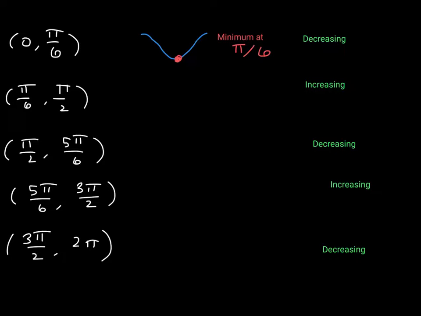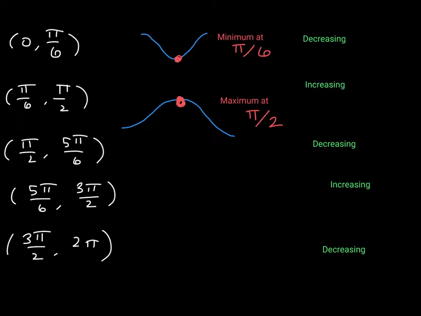We can figure that out in just a minute. Next, though, we are going from, I'm looking here, from increasing to decreasing. So now we found a maximum. And the maximum is located, while we went from increasing to decreasing, between these two intervals. So it's located at pi over 2.